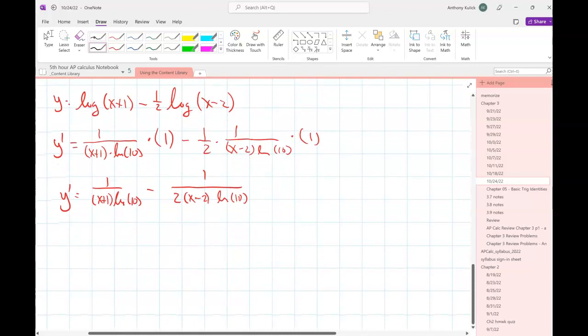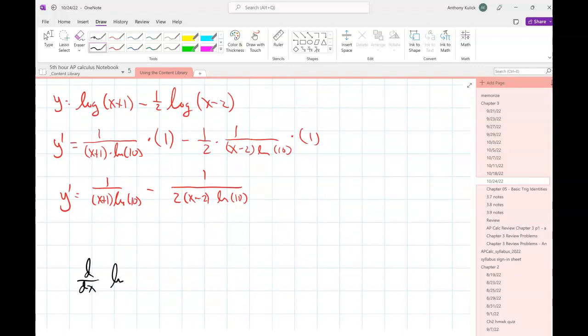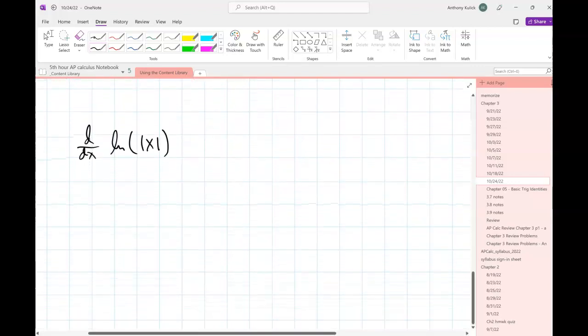Here's a question. What if I want to do the derivative of the natural log of the absolute value of x? Well, here's the trick.